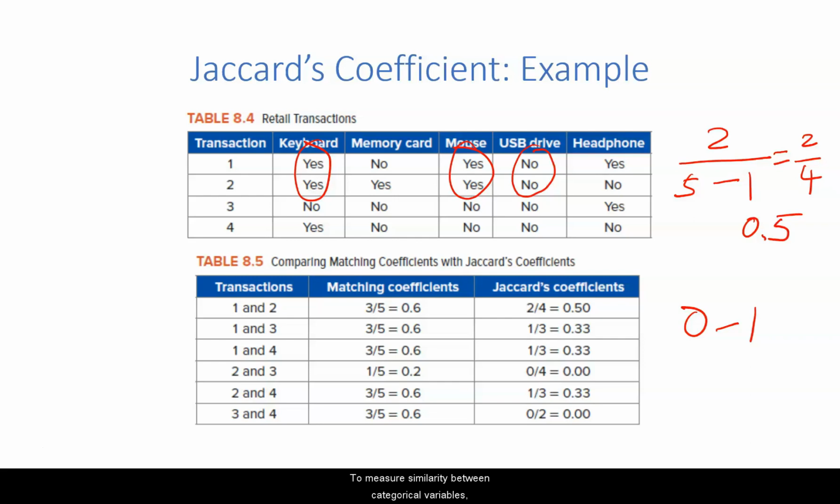To measure similarities between categorical variables, we can use the matching coefficient or the Jaccard's coefficient. When using the Euclidean and Manhattan distance, make sure to standardize or normalize the data in order to remove the influence of the measurement scale of the variables.